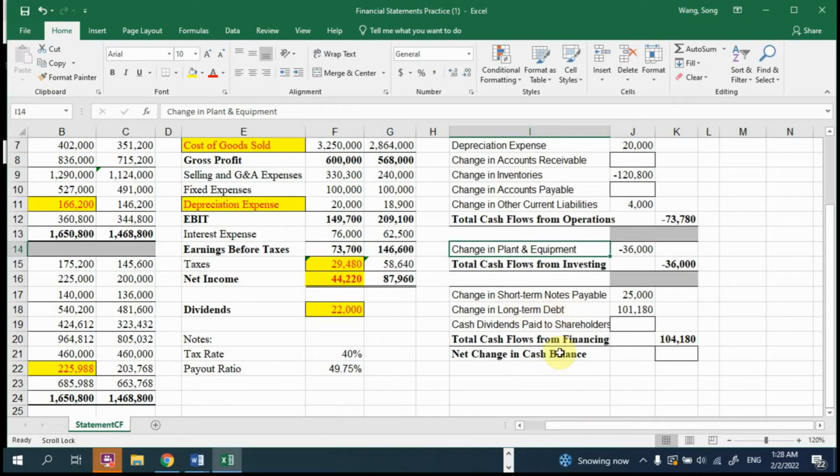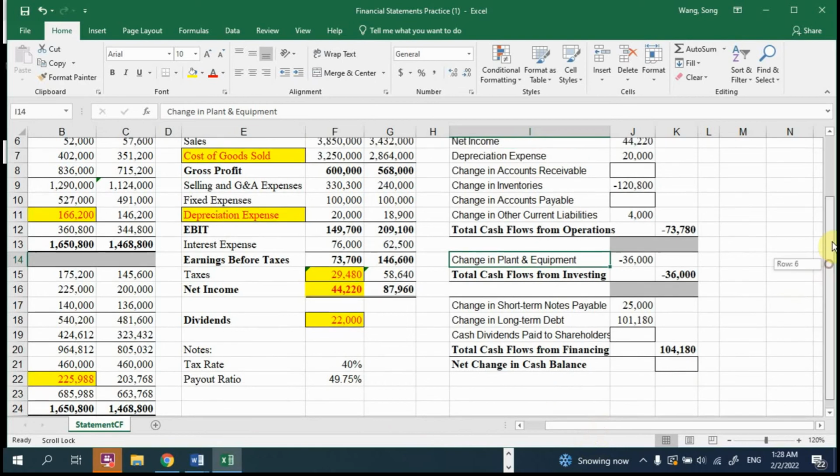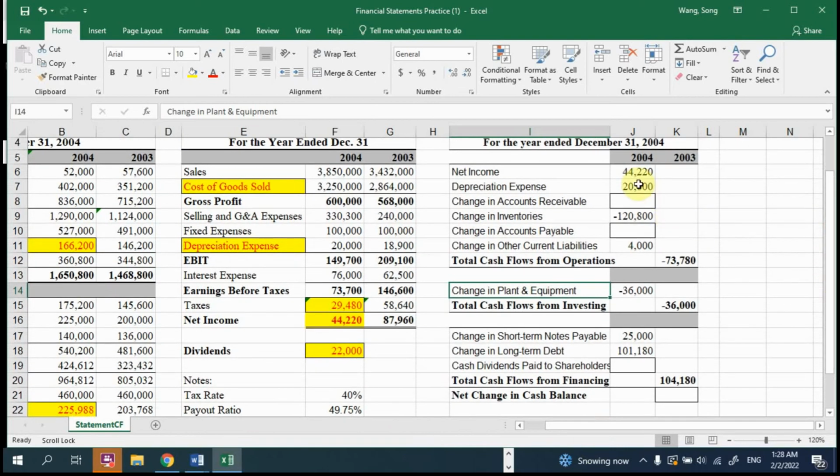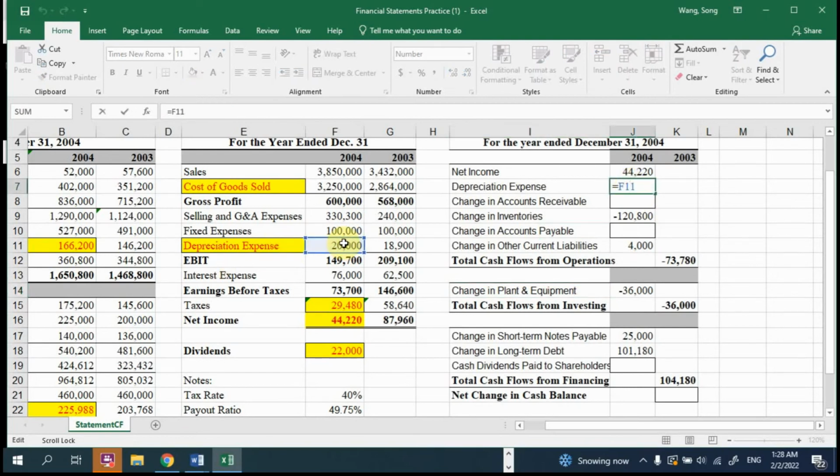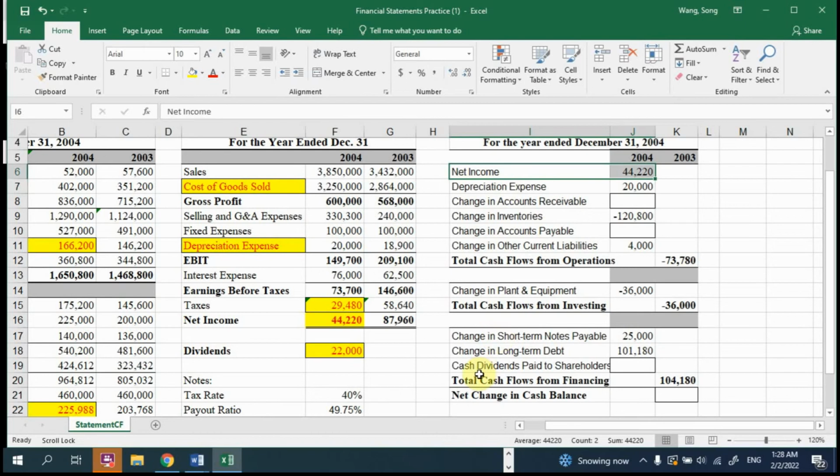But you don't see change of retained earnings, and you don't see change of accumulated depreciation. All right. So the change of accumulated depreciation from last year to this year basically is the depreciation on the income statement, and also the change of retained earnings, okay, from last year to this year equals net income minus the dividends, and the dividends here is directly borrowed from the income statement, which is 22,000, but you should know it is a number we subtract, so that's a negative.